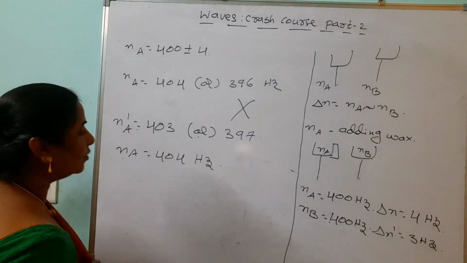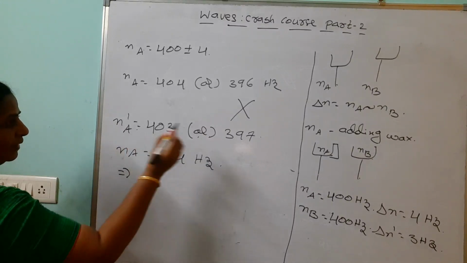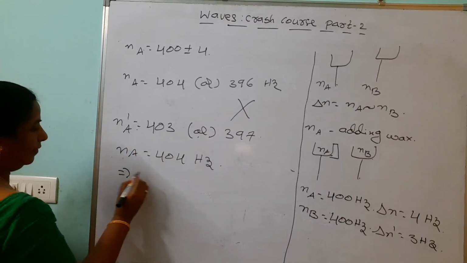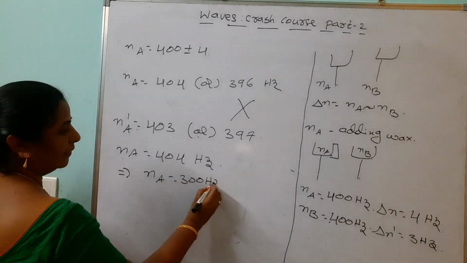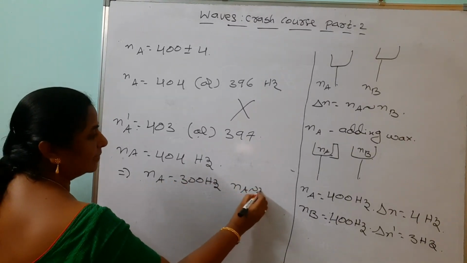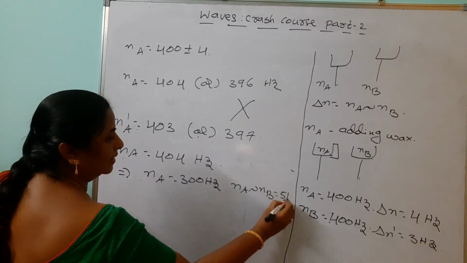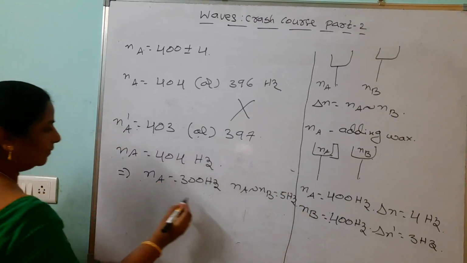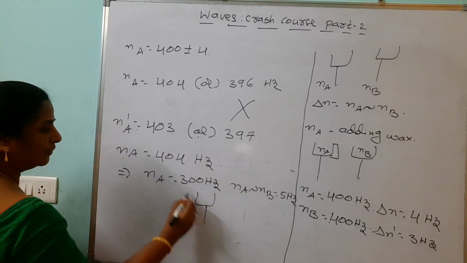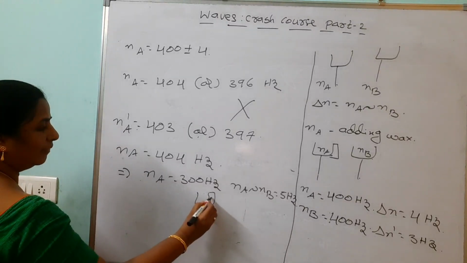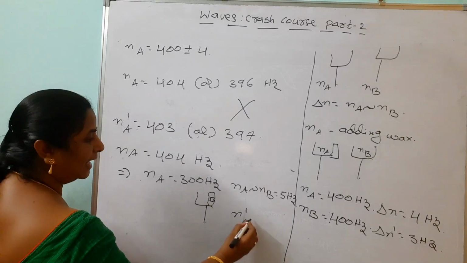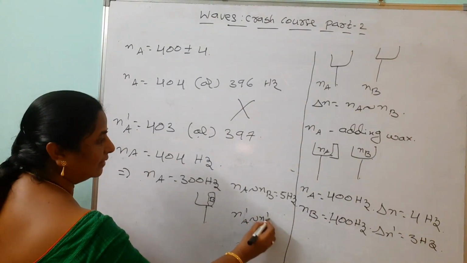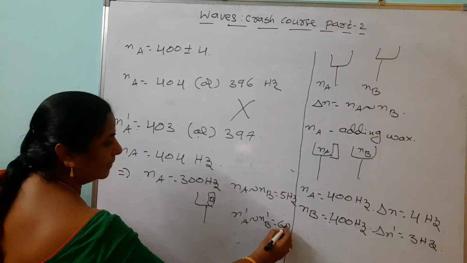Like that, one more problem we will do. See, here NA equals 300 Hertz. The beat frequency is 5 Hertz. After adding the wax to this B, the beat frequency NA dash difference NB dash is 6 Hertz.